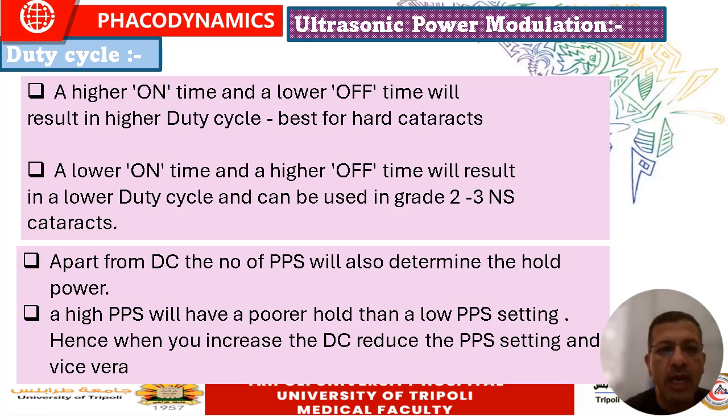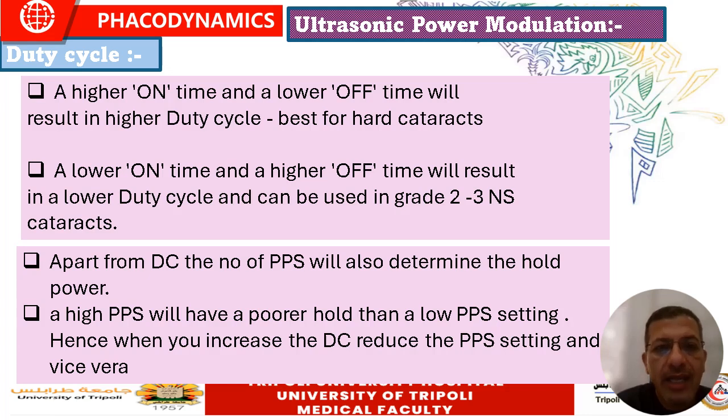What will you do in this situation? The reverse is true for the pulse per second. If you increase the pulse rate, this will decrease the holding ability. However, decreasing the pulse rate will increase the holding ability.